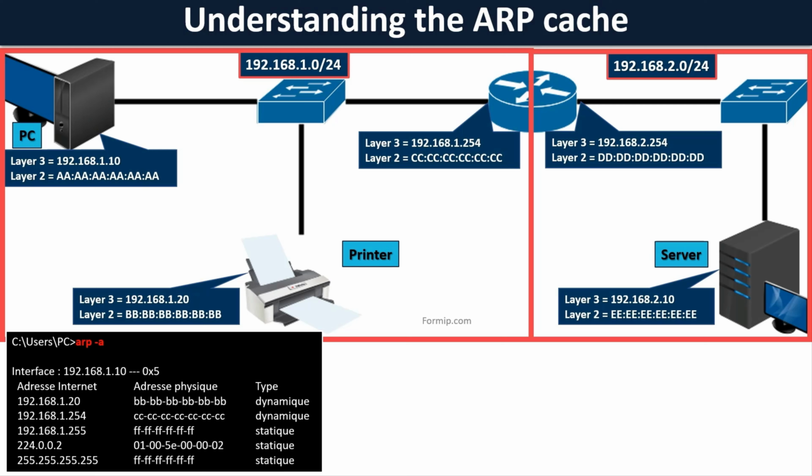If there is an entry, it will be used. If there is no entry, the IP host will send a broadcast ARP resolution request. The fact that you can cache this IP-MAC match reduces ARP broadcast queries. Because without the ARP cache, each host would have to send a broadcast every time it wants to communicate with another.